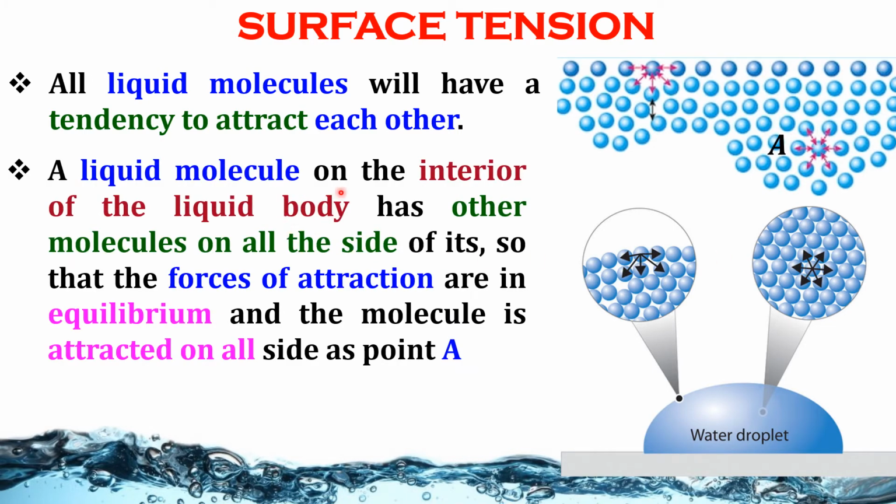A liquid molecule in the interior part of the liquid body has other molecules on all sides. This molecule has molecules in all directions and experiences an equilibrium force of attraction, as the molecule is attracted on all sides at point A.